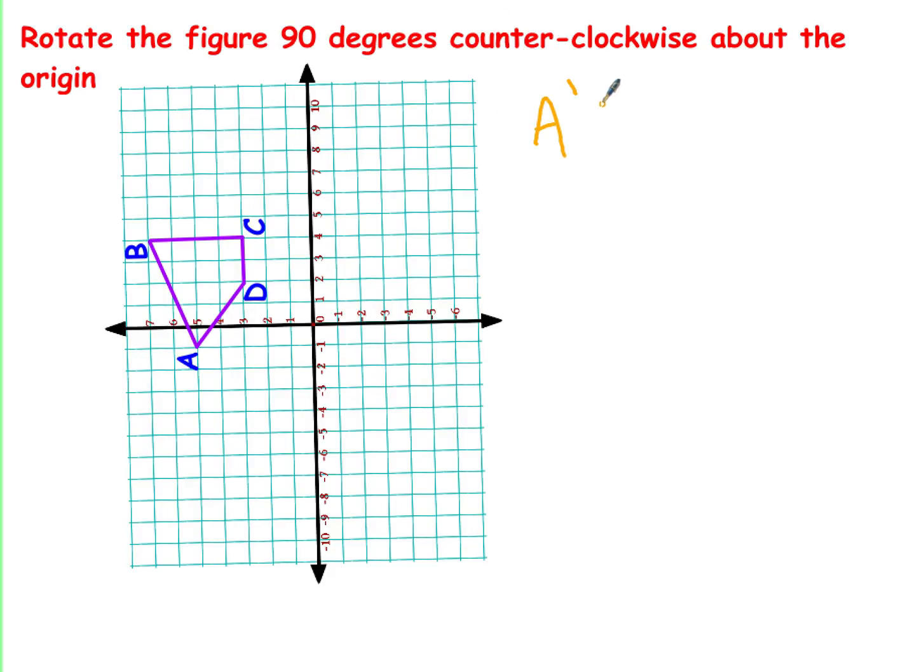So my A prime is at, let's see, -5, -1. B prime is at -7, +4.